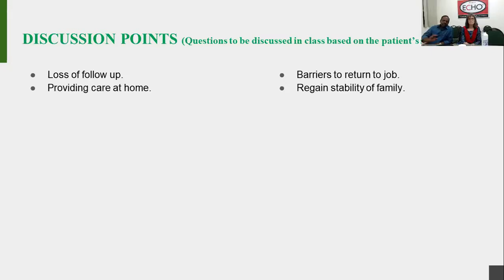Yeah, that's correct. So the problem with these patients is that with the limited mobility, they will not be able to go and see the doctors at the hospitals. So it will be better if you can join with or make some attempts to contact the local palliative care teams.